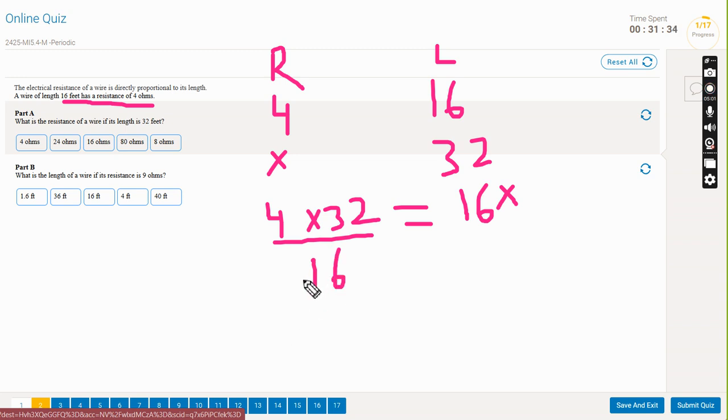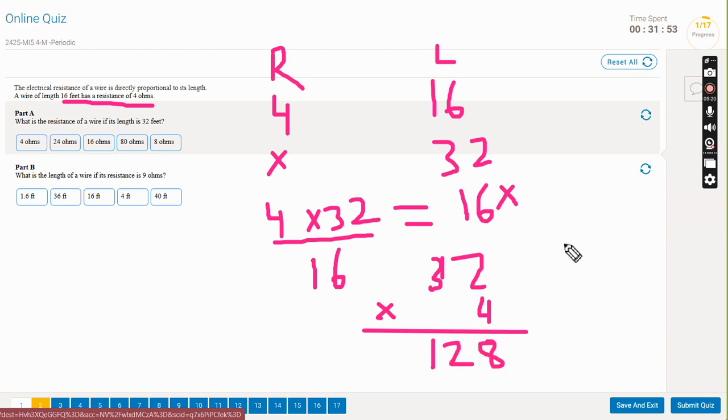So whenever you do this, what do you get? You'll be simplifying this accordingly. Whenever you multiply 4 times 32, what will you get? 128, and you'll be dividing that by 16.